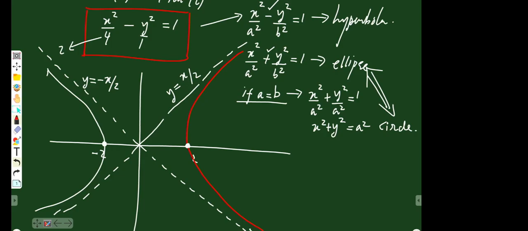It's like that. So that would be the trajectory of that given vector function.